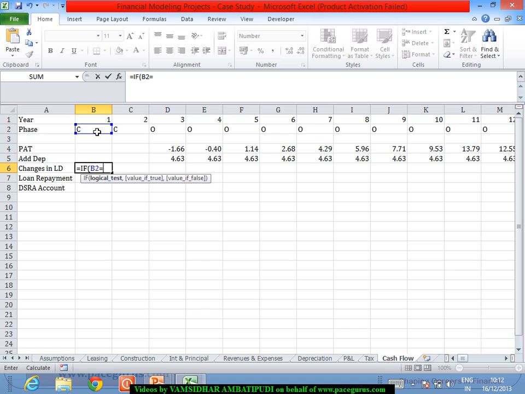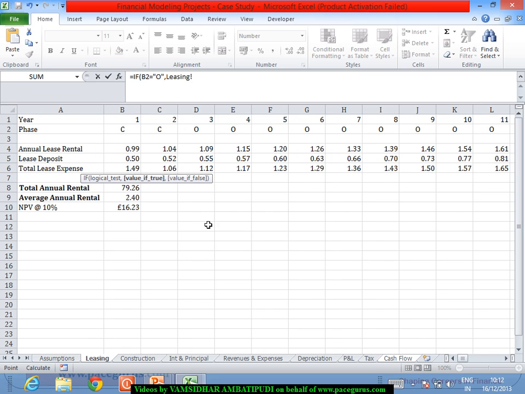So that's the reason what I will do is, if this is equal to O, what I would be looking at is the difference in the lease deposit. The total lease deposit, I'll take the difference between this year's deposit versus the previous year's deposit, because lease rental has already gone as a part of my PAT, so I don't need to bring that again.